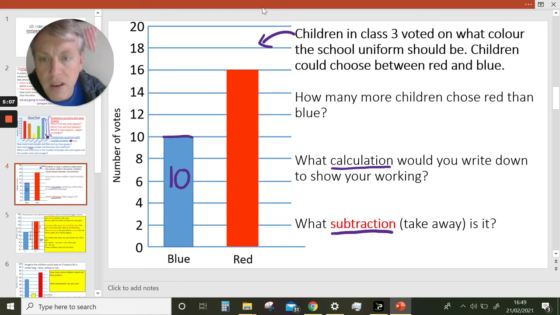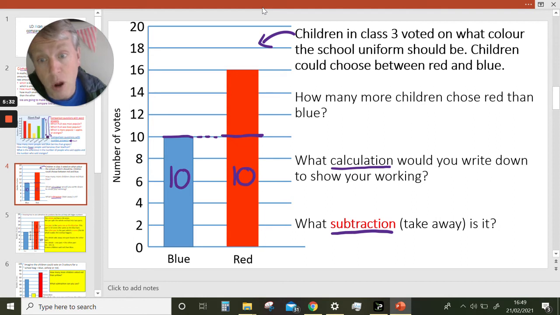Now, if I went across the same height and I cut this red bar into two parts, this is the same height as the blue bar, isn't it? Where I've drawn the line is the same. So it's the same height, the same size, this part, as the blue.